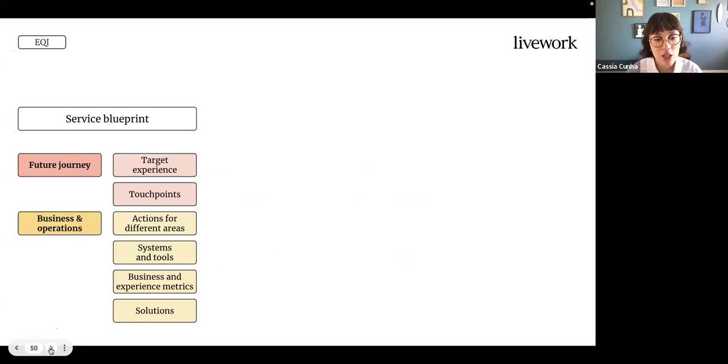And on the backstage, we had the actions for the different areas, the systems and tools that they would have to put in place, develop, or just continue to use, and the business and experience metrics, and then all the different solutions that they will have to make happen to deliver this new vision, this new future journey.